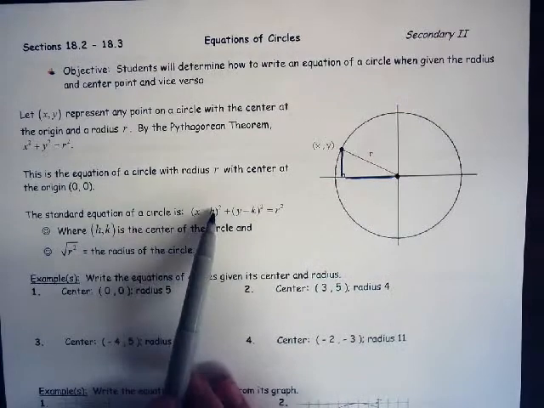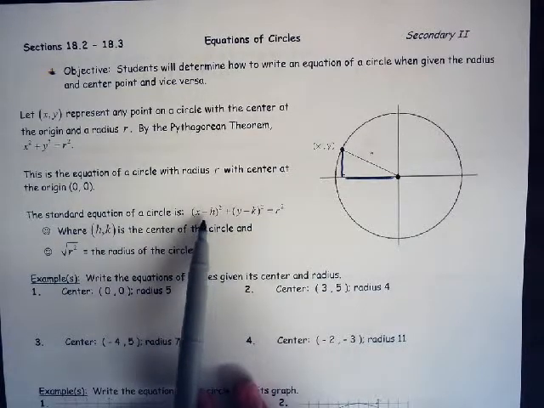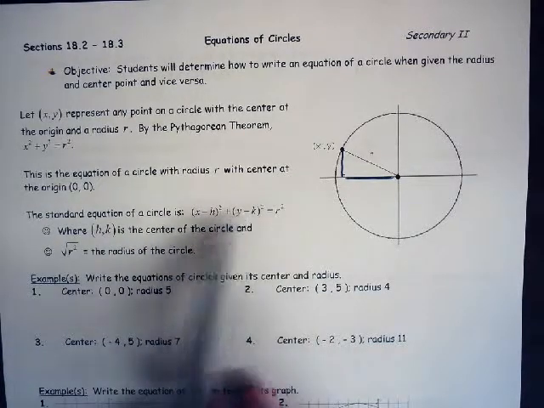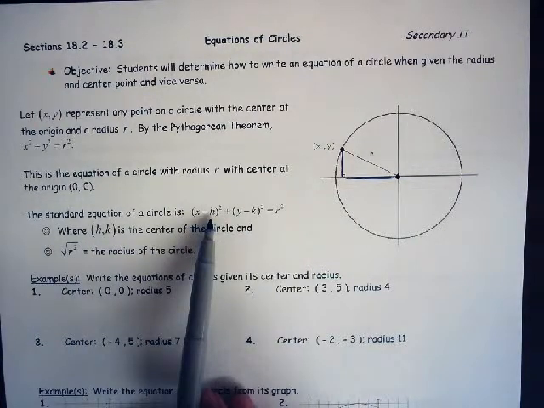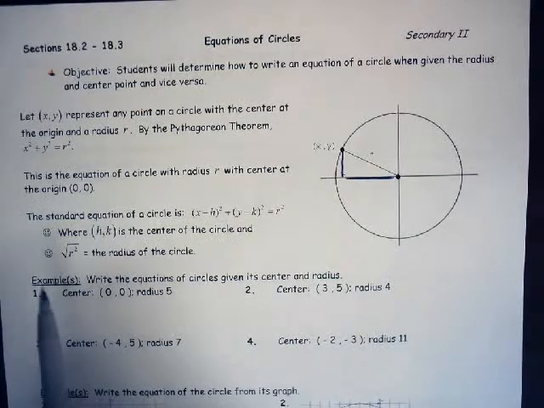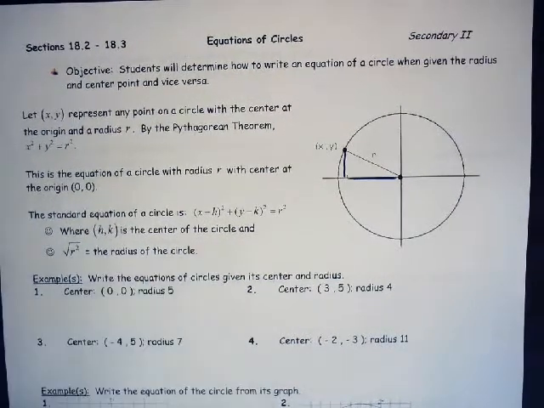So I would just substitute h in right here and k in right here. Now notice the negative in the equation right here means that I take the opposite sign of h, k. So if it's positive h, then it's going to be negative in the equation right here. And the square root of r squared is the radius of the circle.